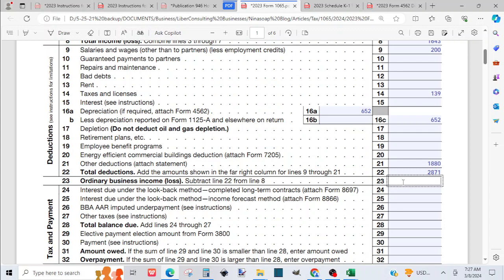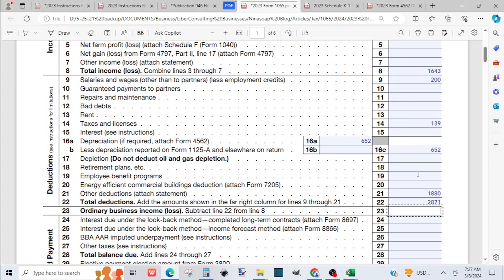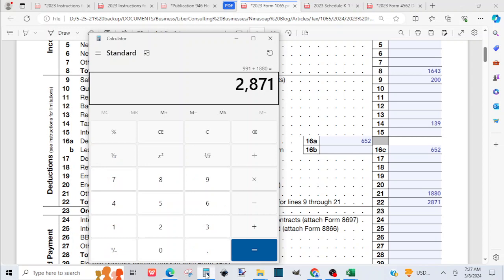Ordinary income or loss. So we will take the gross profit minus line 8 minus line 22. So I'm going to do 1643 minus 2871, and we have negative 1228.